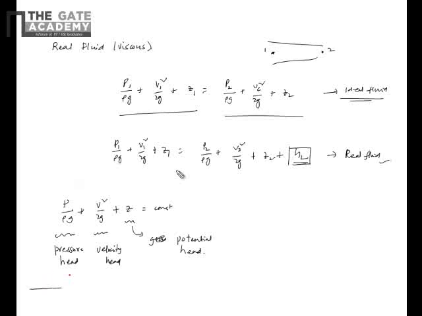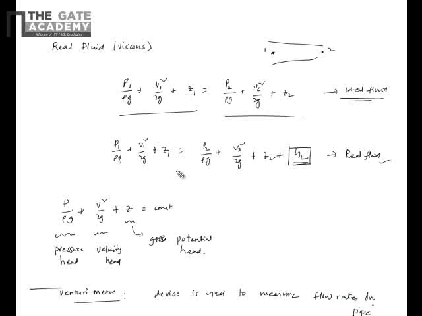Okay, so now let's apply one application of the Bernoulli equation, the Venturi meter. So Venturi meter is a device which is used to measure flow rates in pipes. So you want to measure how much flow rate is going in a pipe.